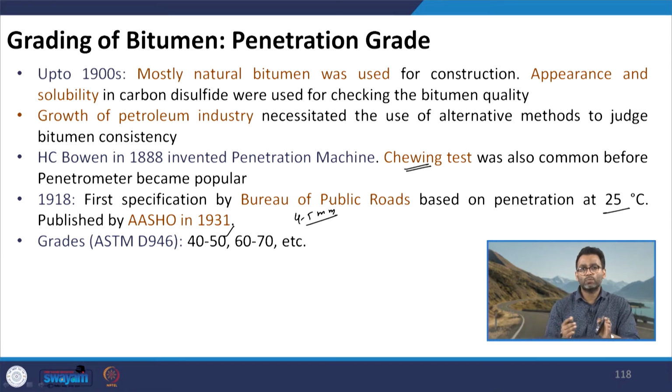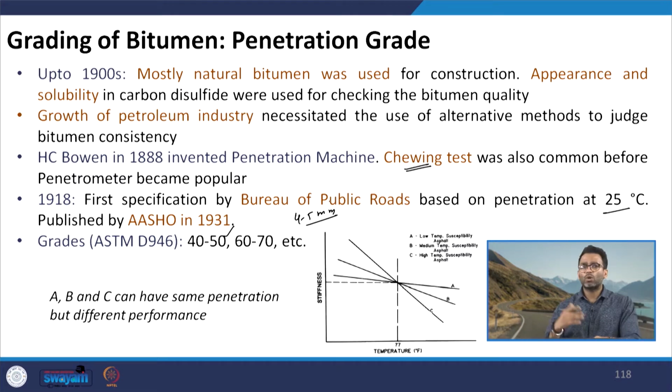So, this is a bitumen which will be graded as 40-50. Similarly, 60-70 indicates a bitumen where the penetration of the needle will be somewhere between 6 to 7 mm, and so on. So, based on this penetration value, different grades of bitumen or the consistency of the bitumen can be defined.